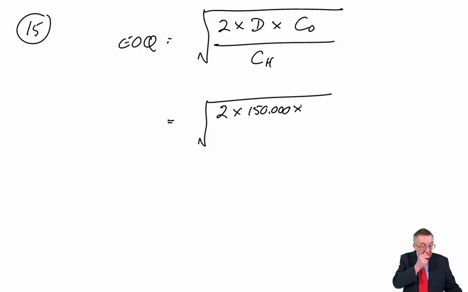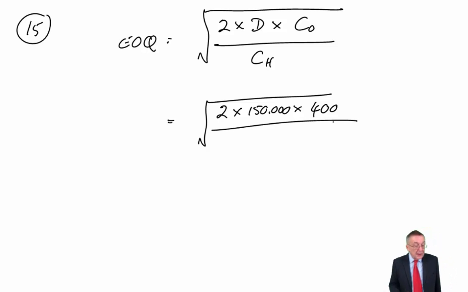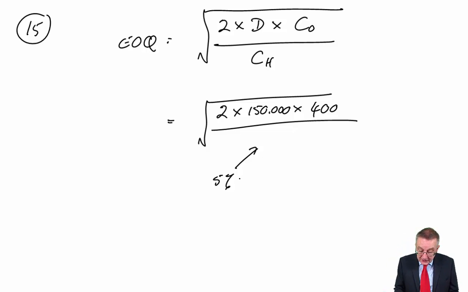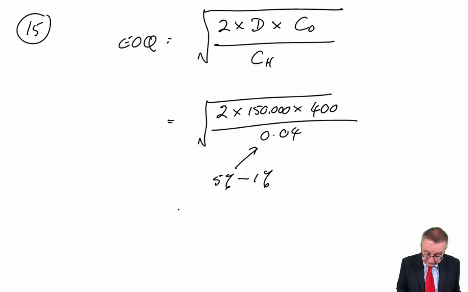Converting the short-term investments into cash incurs a fixed cost of 400 per transaction. That's effectively your order cost, 400 each time, divided by, well, the holding cost is the interest, but it's the net interest in that the short-term investments are earning 5%. Take the money out and put it on ordinary deposit, and we only earn 1%. So the cost is the difference. We're losing 4% or 0.04.